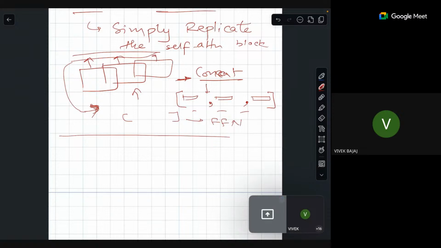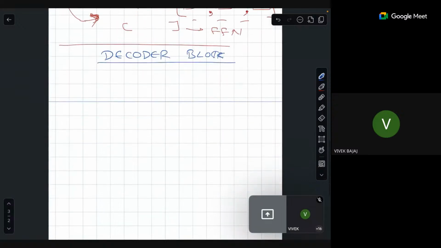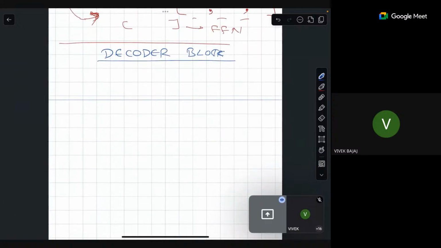Yes, sir. So I think most of you are interested in the decoder block, right? So we can go ahead with that. Let me see. Should we bring back the figure that we used that day?